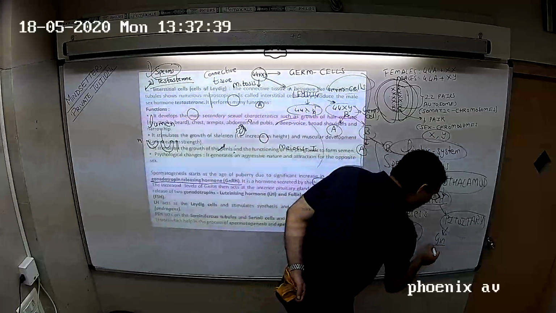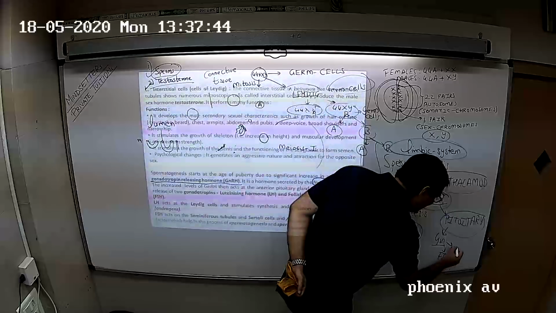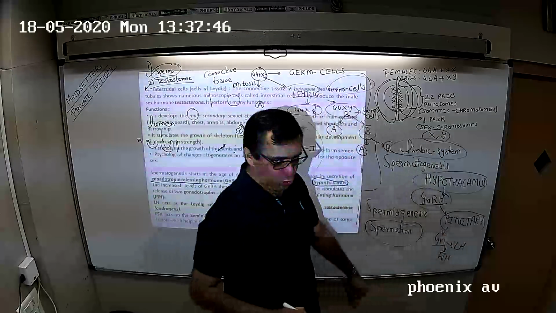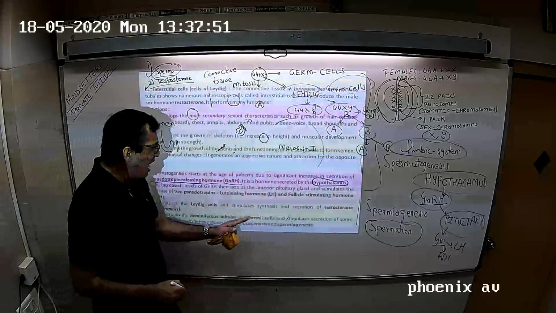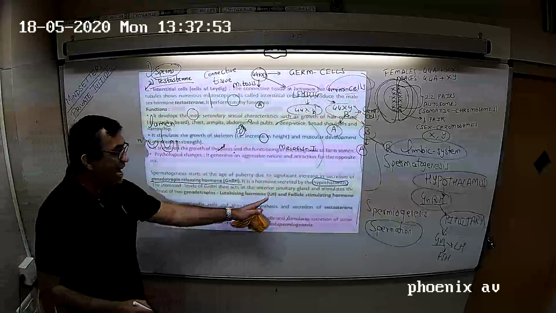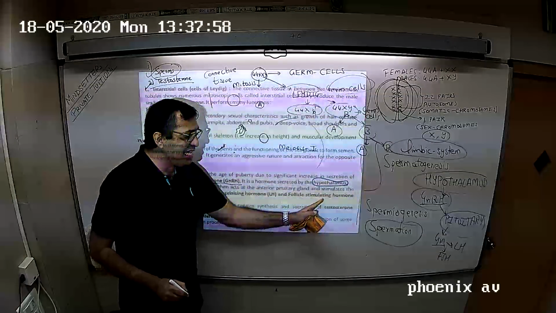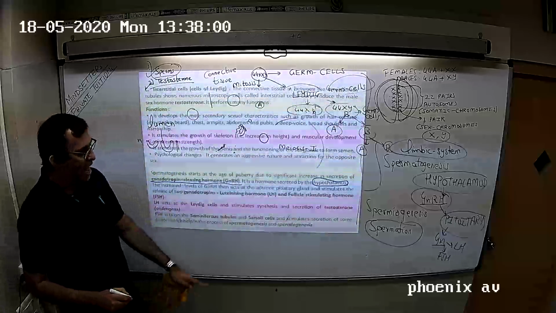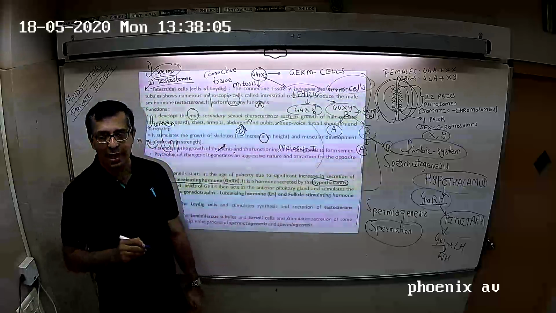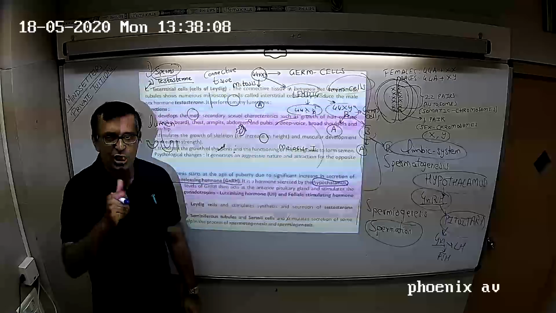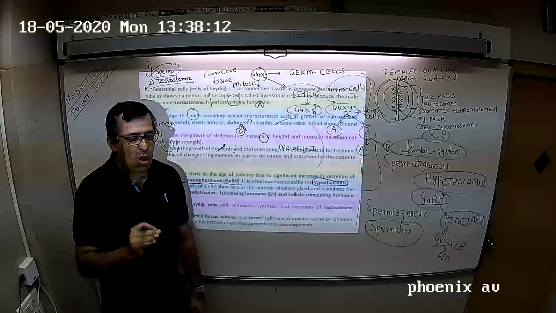And gonadotropins are of two types, namely FSH and LH. So which are the two gonadotropins? You have FSH, called follicle stimulating hormone, and LH, which is called luteinizing hormone.